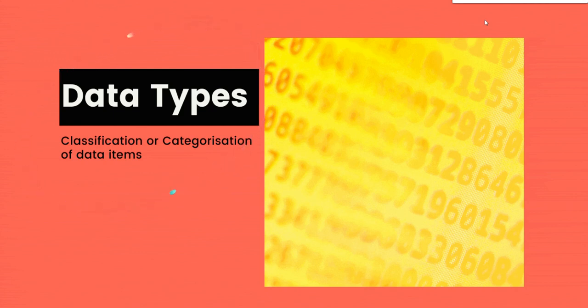So we are classifying or categorizing that data, whether it is in the form of number or character. So we call it data type. So keep in mind, data type is nothing but either it can be a number format or it can be in a character or string format.